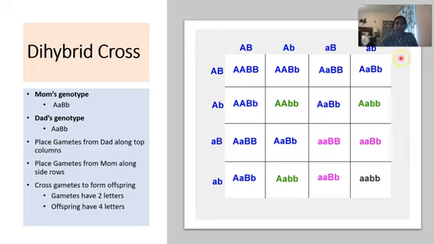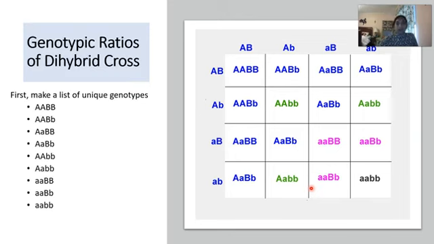So you're going to place the dad's gametes on the top, the mom's gametes along the side rows, just like we did before. And then we're going to cross the formations to get offspring with 4 letters. Obviously, the gametes are haploid, so they are 2 letters. Offspring are diploid, so they are 4 letters.